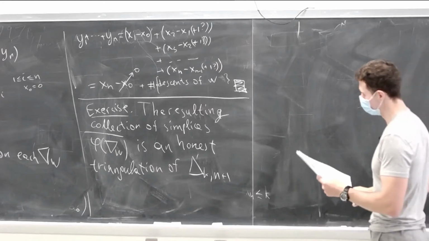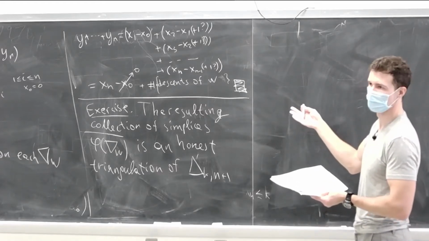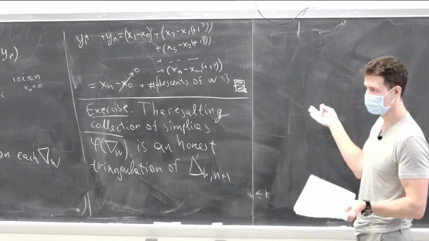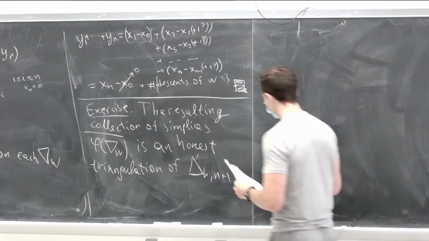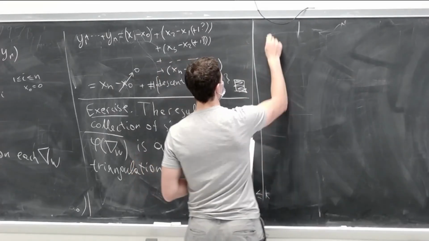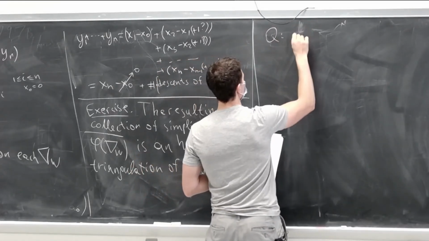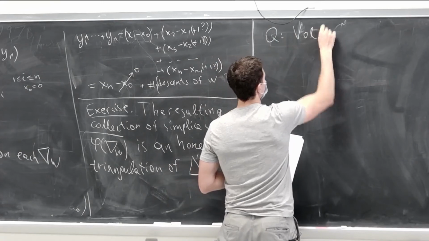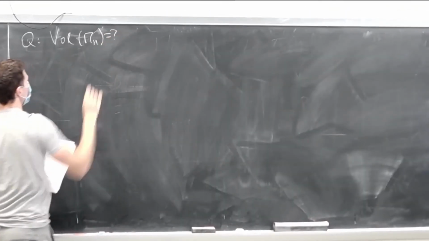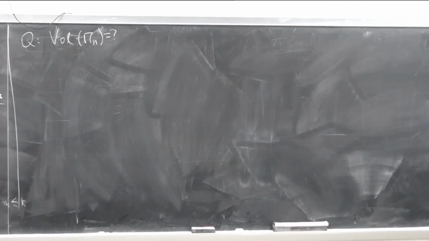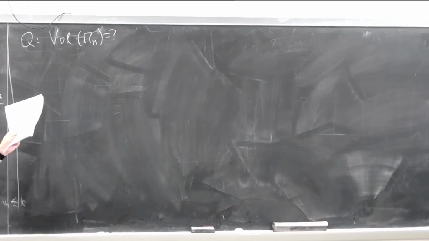And so before I did the cube, the ordered polytope, the hypersimplex. There is the permutahedron, right? One question for you is what is the volume of the permutahedron? Any guesses?